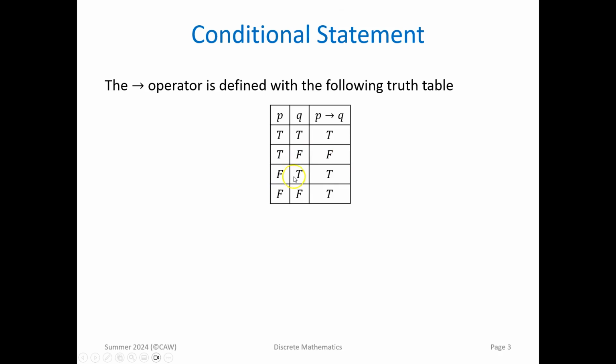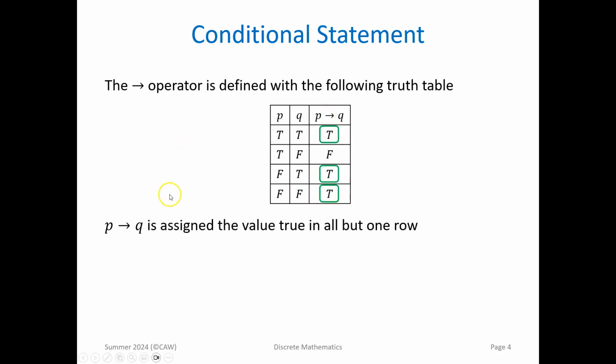If P is false and Q is true, we assign a true. If P is false and Q is false, we assign a true. This is the standard table for the conditional operator in formal logic.